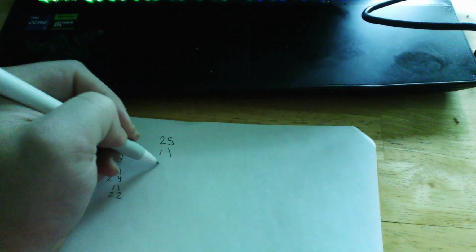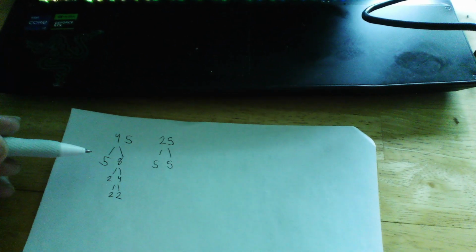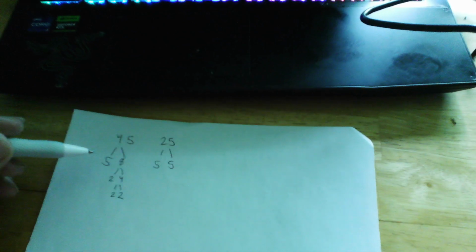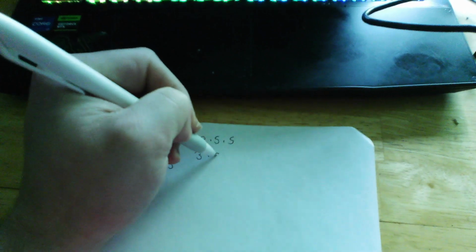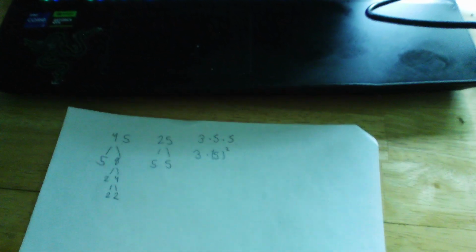We can go 5 times 5 equals 25. Then we have the 3 in there again. So now we can do 3 times 5 times 5, or we can write that as 3 times 5 squared. There are multiple different ways to write it, but those are the two most common ways to write it.